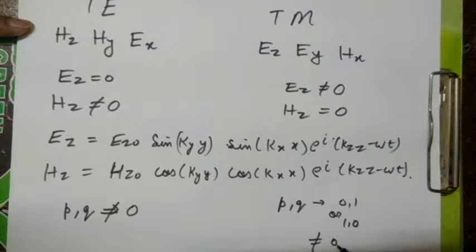In TM mode, both p and q can't be 0, as Ez will be 0 if any of p or q is 0 because of the sine terms. So, the dominant TM mode is TM11. In TE modes, we have Ez equal to 0, while Hz should be non-zero. It is clear from the equations that p and q can't both be 0 simultaneously, but one of them can. Therefore, the dominant TE mode is TE10.